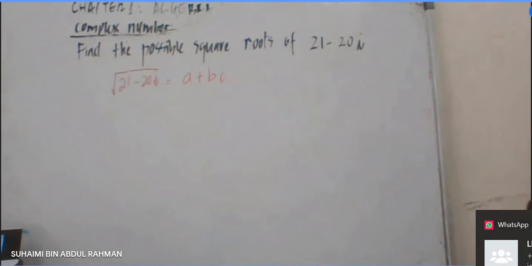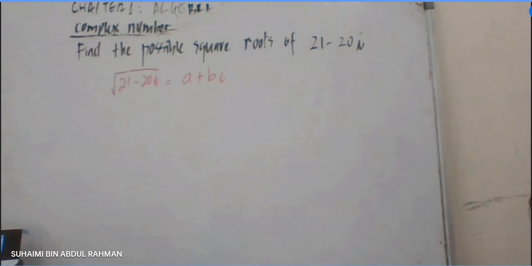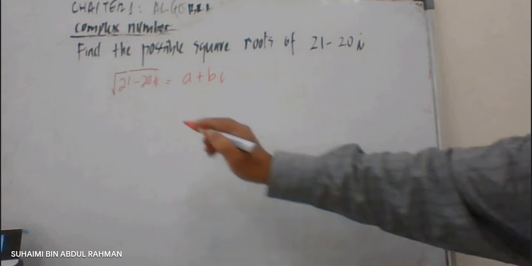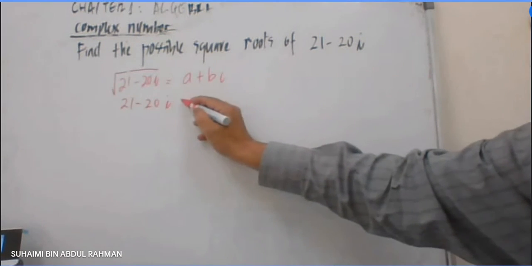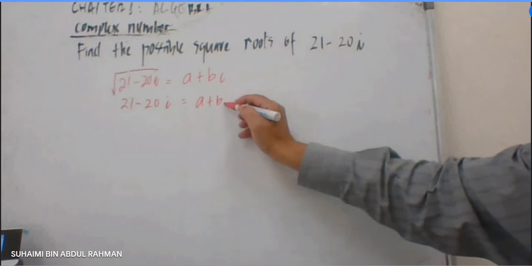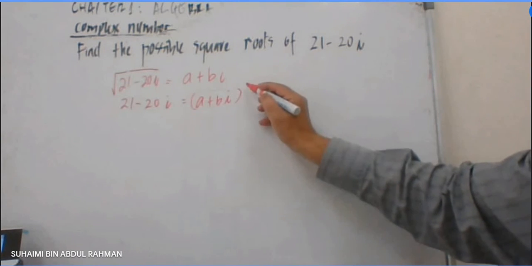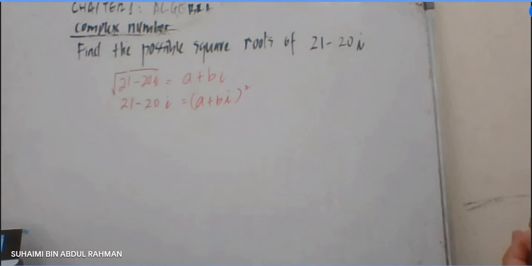When we want to remove the square root on our left, what we have to do? Put the power by 2 on left and right hand side. So 21 minus 20i equals a plus bi square.